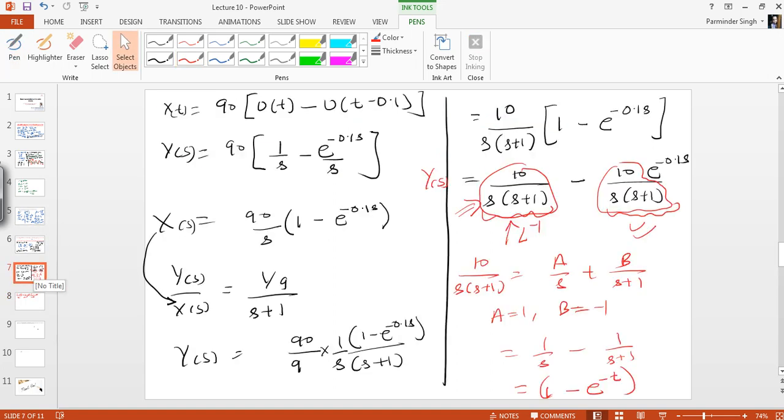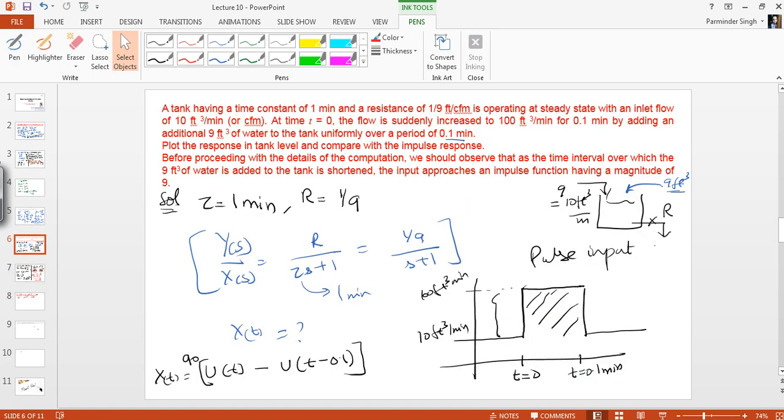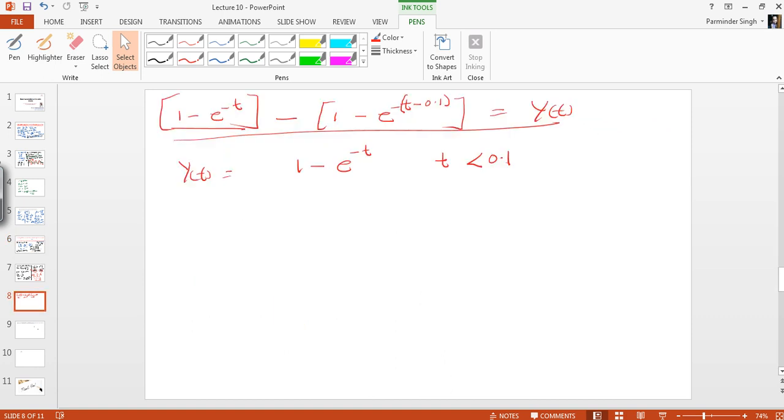In this part, if the time is less than 0.1, it is increasing. And this becomes the complete solution, that is 1 minus e to the minus t minus 1 plus e to the minus (t minus 0.1), for t greater than 0.1, or this can be further simplified.